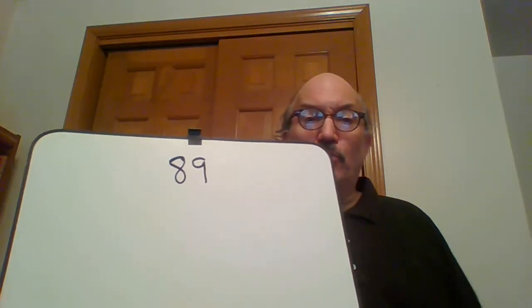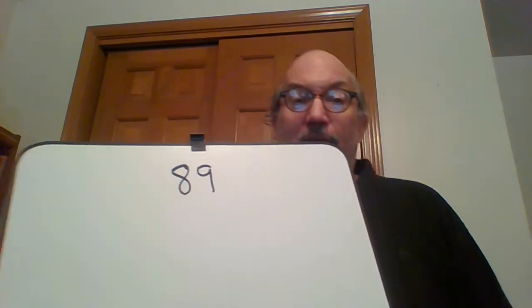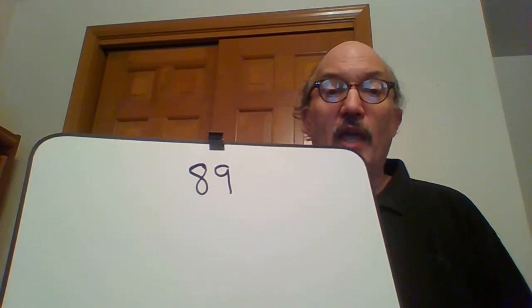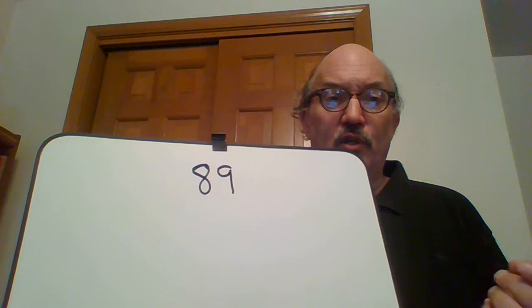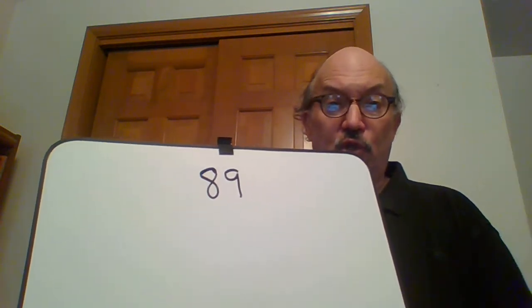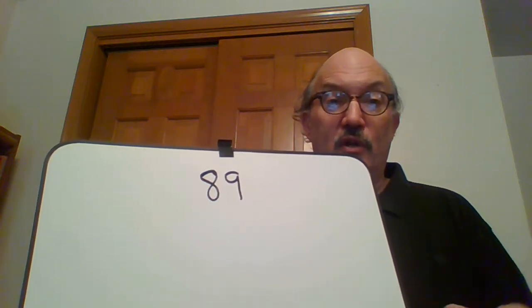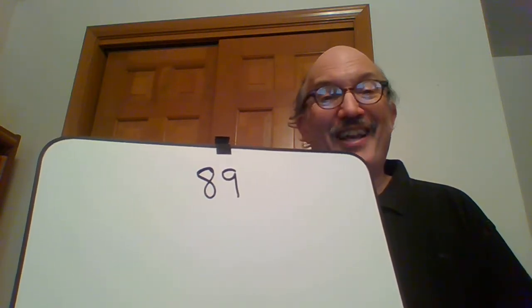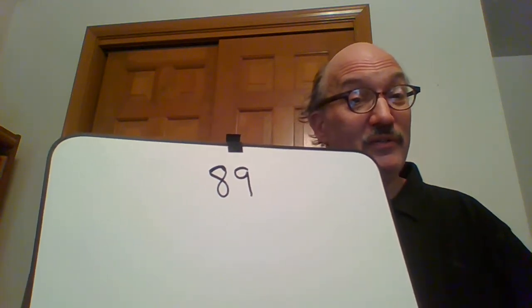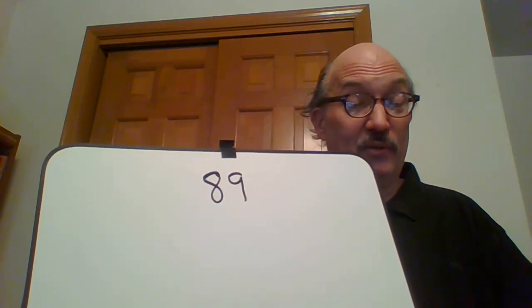At this point, we might ask, what about a number like 89? What is the prime factorization of 89? Well, I can tell you, and you might want to confirm for yourself, 89 is prime. What you can do is just try the whole numbers beginning with 2. Is 2 a factor? No. Is 3 a factor? No. You can actually skip 4 because if 2 is not a factor of a number, then 4 cannot possibly be.